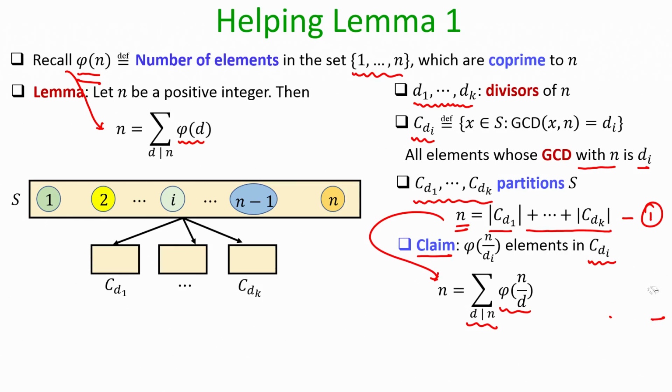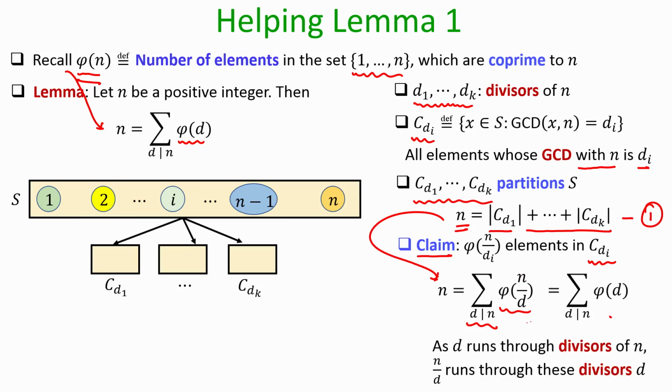But now, if you see closely here, if you divide n by a divisor of n, you will obtain a divisor of n itself, right, because d1, d2, dk are the different divisors of n. So, if you divide n by one of the divisors, you will get another divisor. So I can rewrite this equation: since d here runs through the various divisors of n, this n over d will run through those divisors itself.